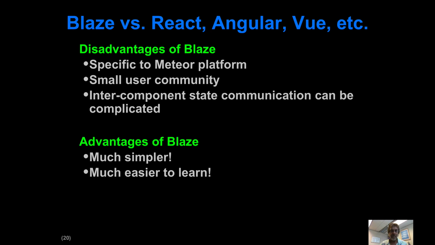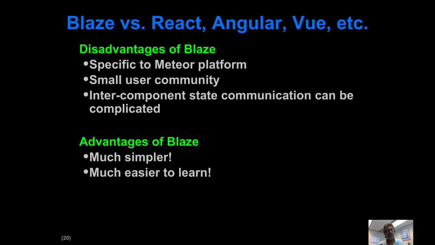Conclusions, all right? If you're looking at Blaze versus React, Angular, Vue, etc., and trying to understand which do I want to use, which is better, there's no better, they're just differently abled. Blaze, I'll start with the bad parts first. Blaze is kind of specific to the Meteor platform.